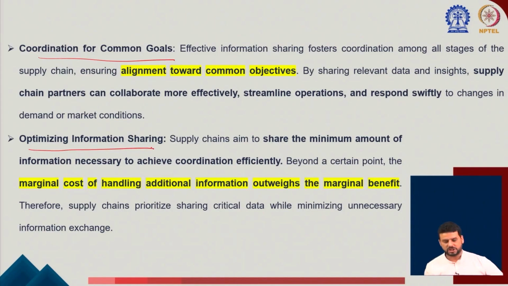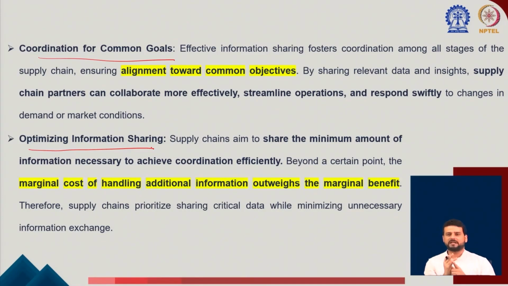Optimizing information sharing. See, this is also very important, that information obviously will help you in making improved decisions, will help you to optimize the cost, optimizing your activities, resource utilization, everything will be there. But then are you, in that process, collecting too much information, and then in the end you are landing somewhere where you are full of information, but you don't know what to do with the information, right?